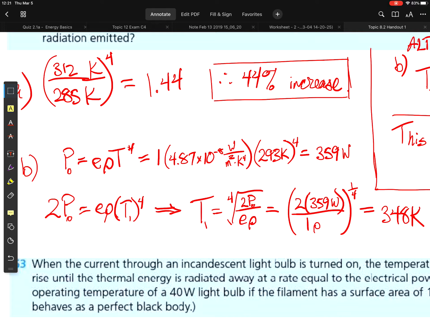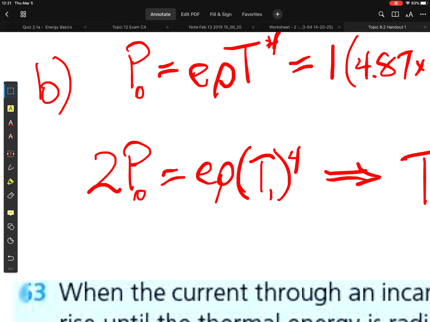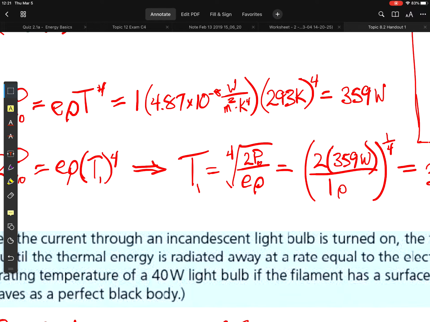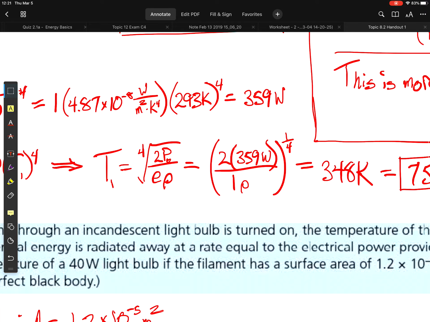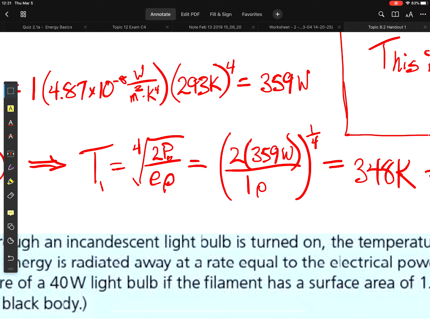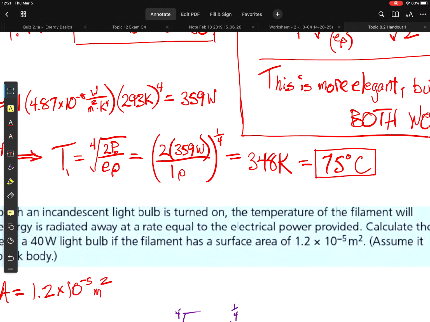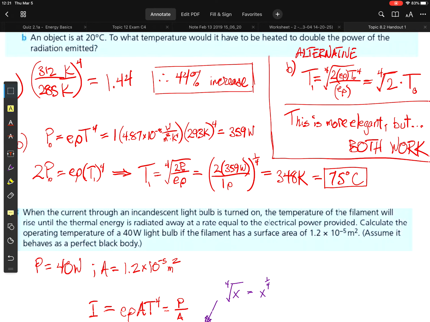In any case, you'll see here that if we plug in our temperature, if we rearrange this equation down here at the bottom slightly, we will find that temperature is equal to the fourth root of 2 times our power divided by emissivity divided by Boltzmann's constant. Okay, and that will give us 348 Kelvin, which we then convert to 75 degrees Celsius.